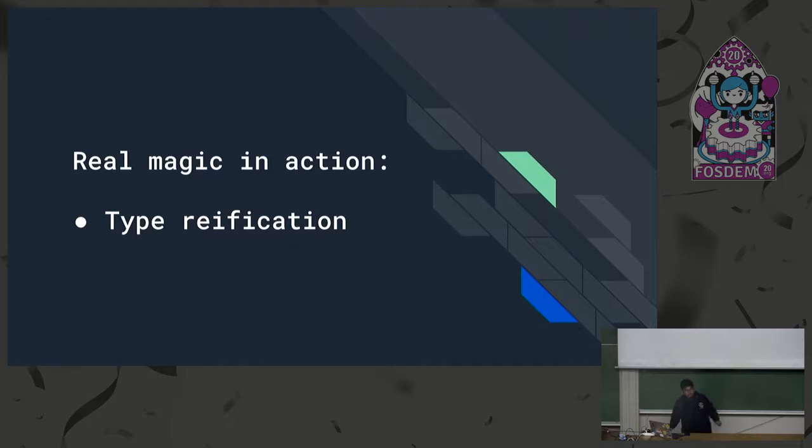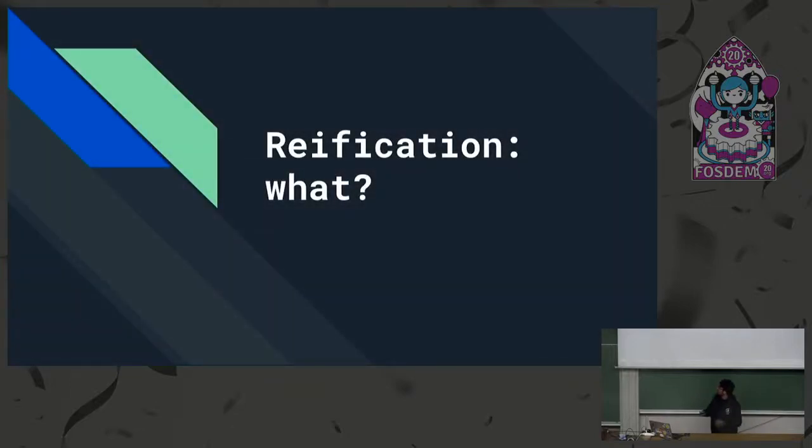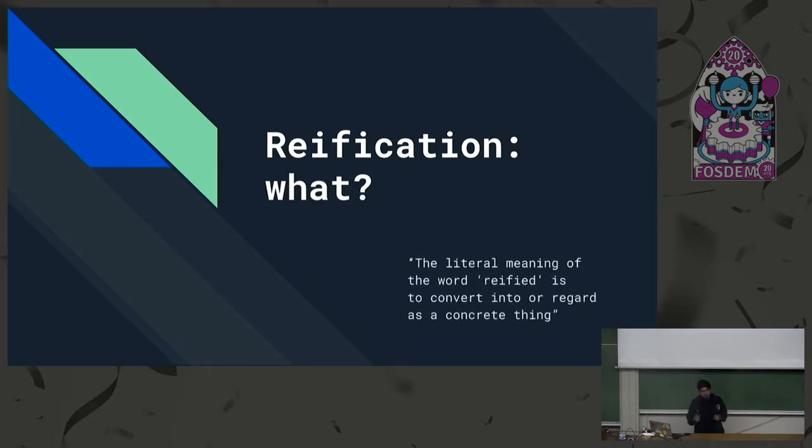For example, one of the real powers over here is type reification. If we were to define the reified keyword or the entire reification mechanism, it means making something concrete or having something survive through a lot of stages.